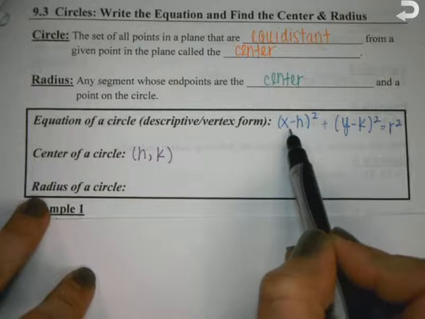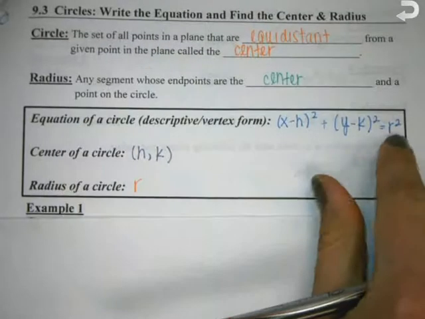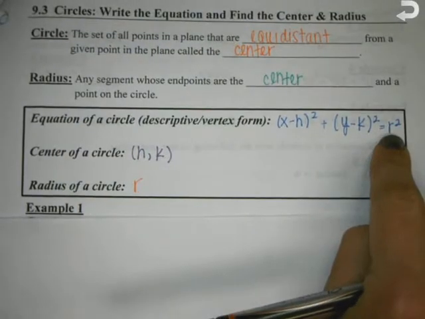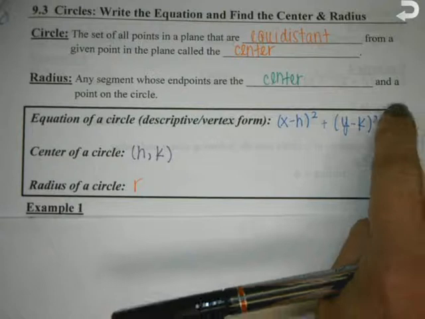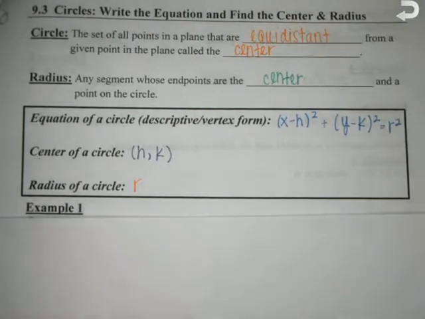And then the radius is what? The radius is r. So in our equation, you are given r squared. So what we will always do is take the square root of that number, and that will give us the radius. And we will be able to graph and sketch all of those things from the equation of the circle.